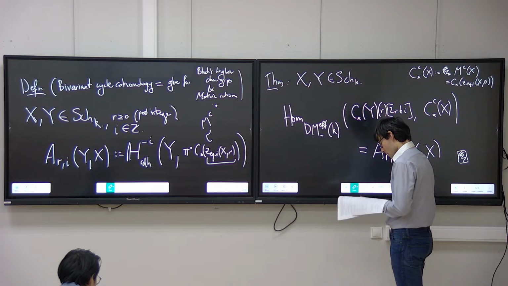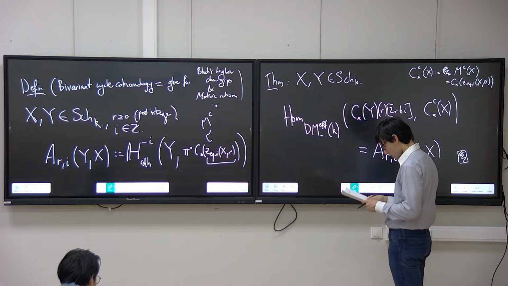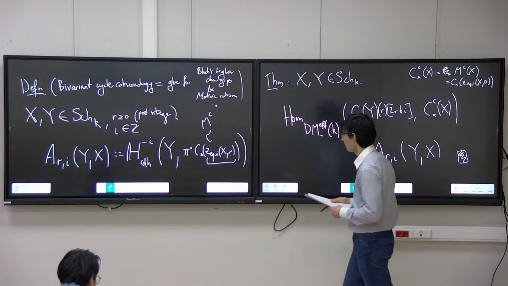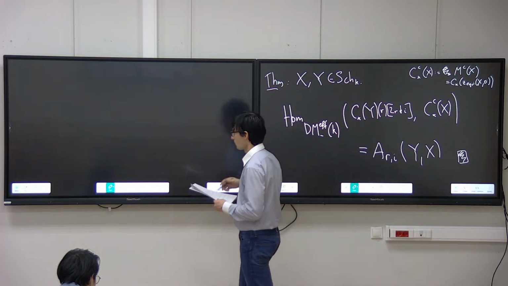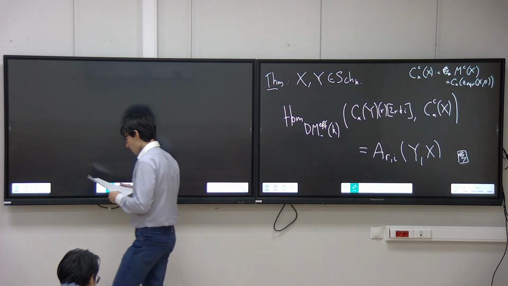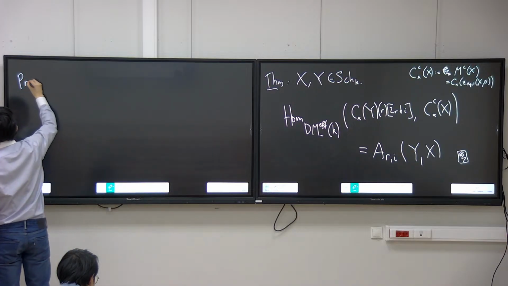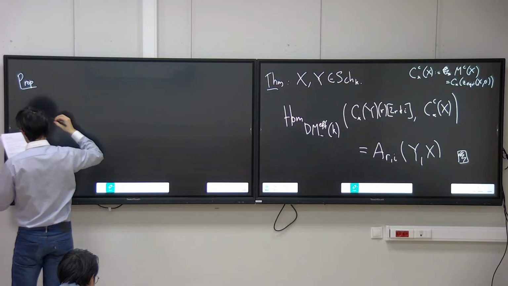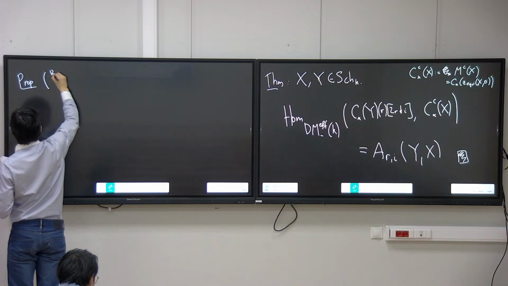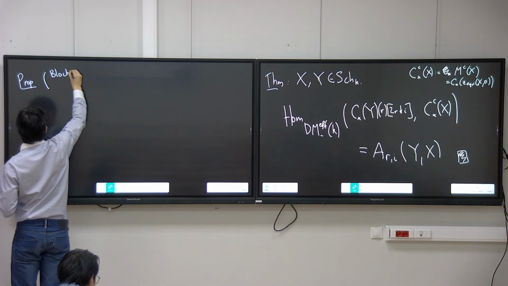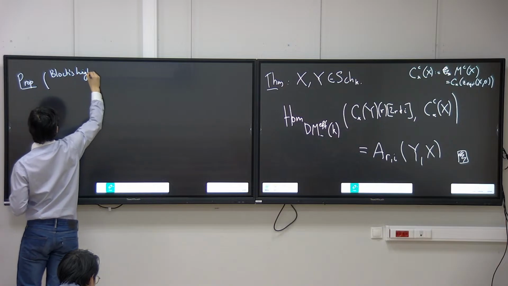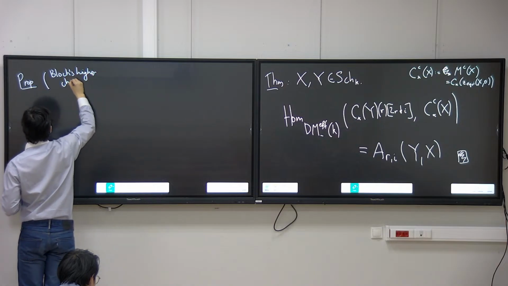So now I can state one precise version of Bloch's higher Chow groups. Proposition, Bloch's higher Chow groups.